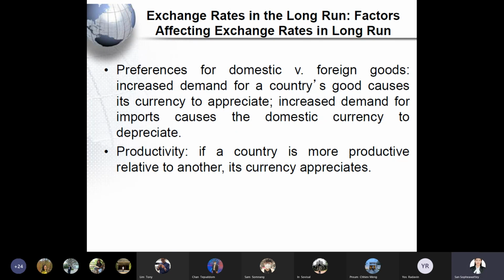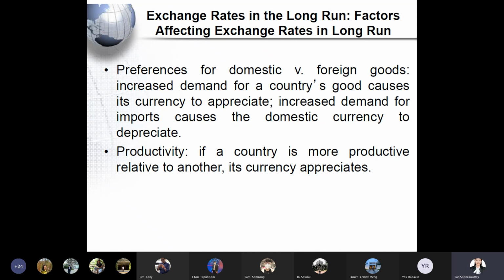Say the U.S. has specialized in American oranges, for example, or American movies, and that increases the demand for American oranges or movies. The increase in demand for exports tends to appreciate the dollar because the U.S. goods will continue to sell very well even at a higher value of the dollar.